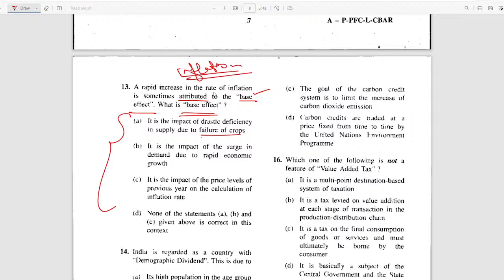Anything related to inflation is important. So go through these terms. What is base effect? What is inflation? Types of inflation? How to control inflation? What are the steps the government is taking? For example, there are two ways of tackling it: one is through fiscal policy and the other through monetary policy. These are the things you have to learn whenever you are going through the basic textbooks.